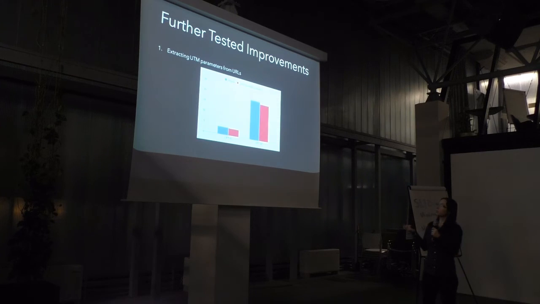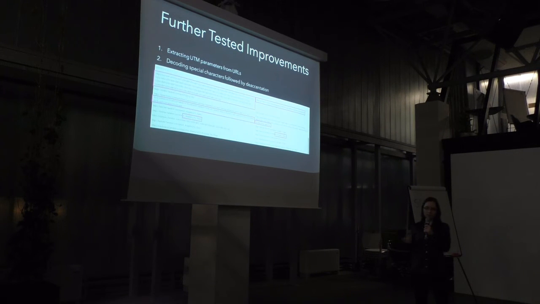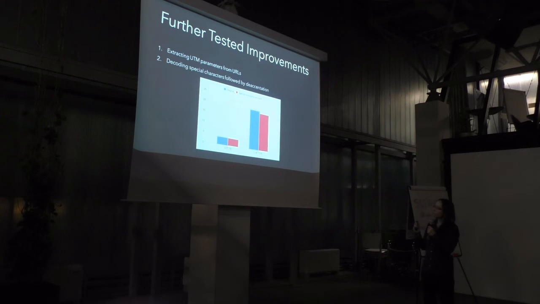And surprisingly, the lift decreased. The second extension we tried was decoding special characters and then deaccenting them, for example, in Czech. It's very important. And what we saw was, again, a decrease in lift. Just a slight one, but still.